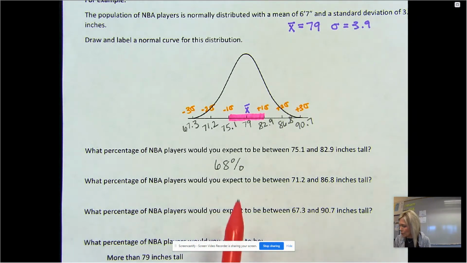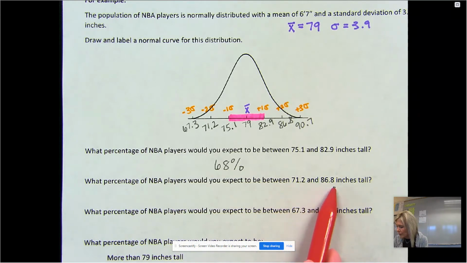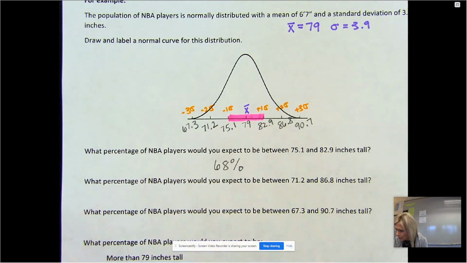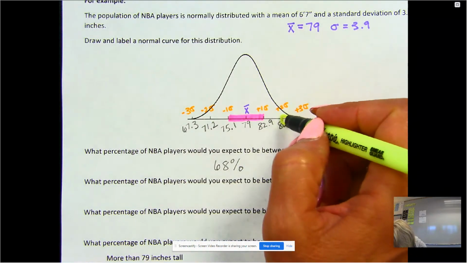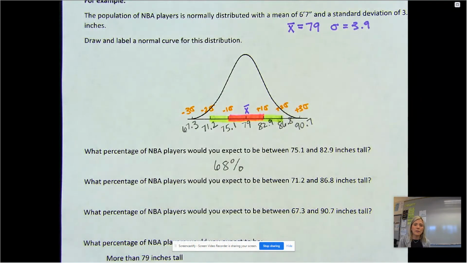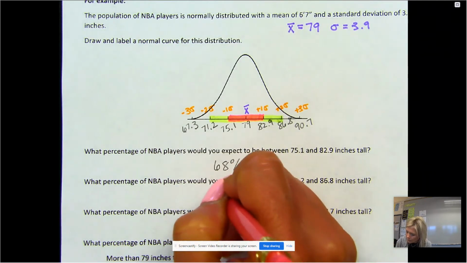The next one, between 71.2 and 86.8. 71.2 to 86.8 is here. Okay, that whole space is within two standard deviations of the mean. And so that's 95% of the data.